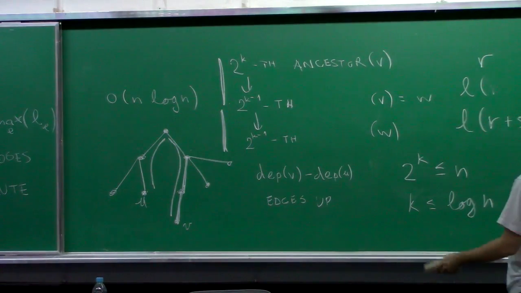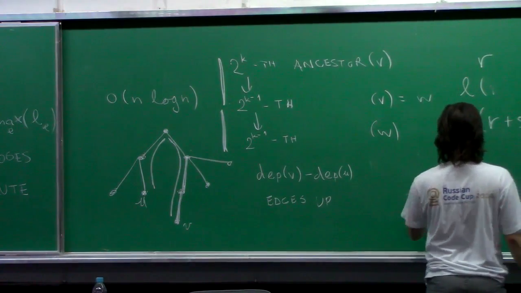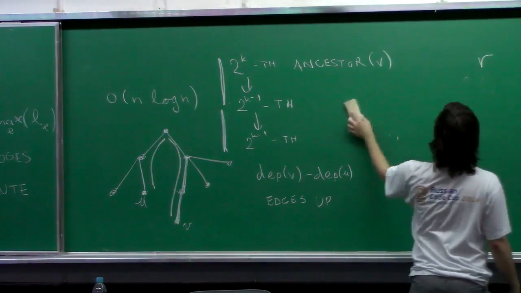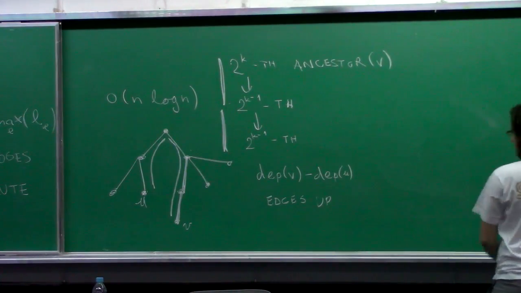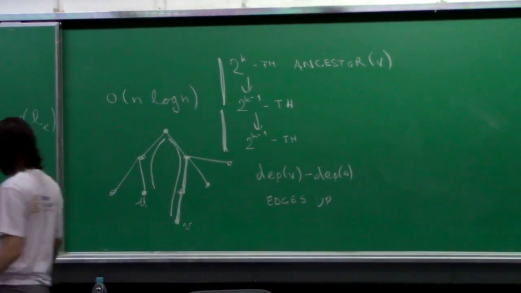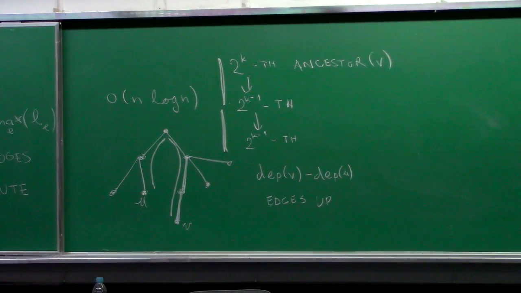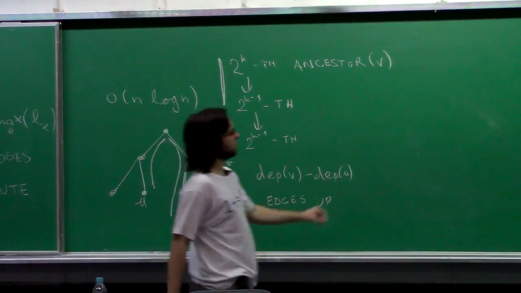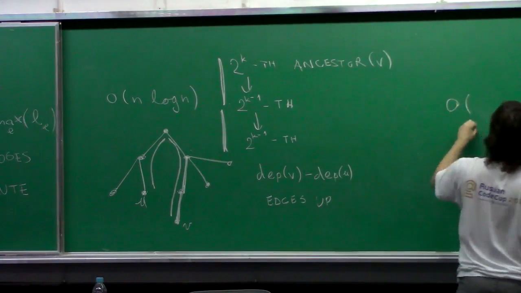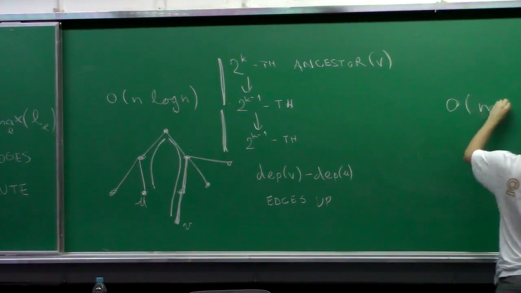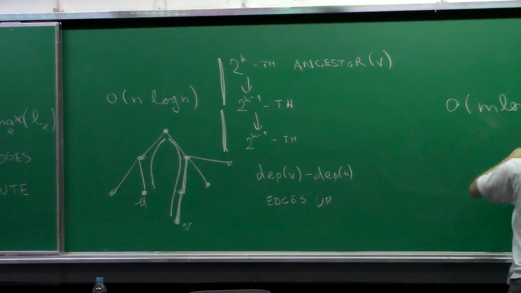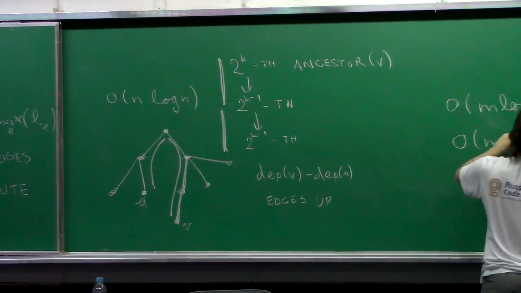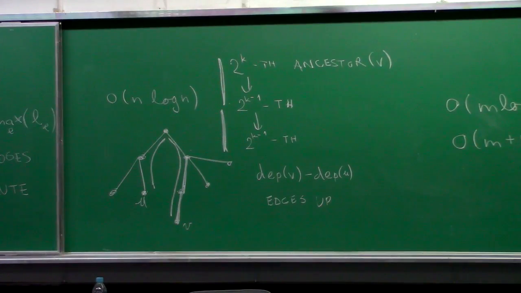This is actually everything. Finding the MST is either something like O(m log n) or O(m plus n squared), depending on what sort of data structure we use for it.